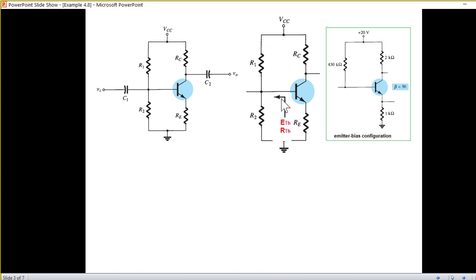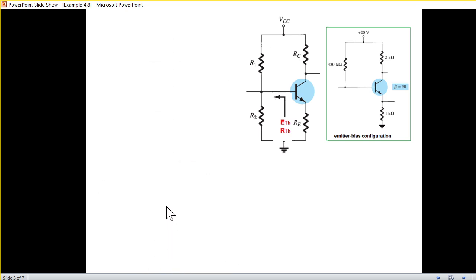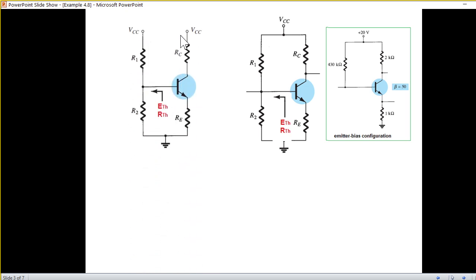So E Thevenin or V Thevenin we will obtain, and similarly R Thevenin at this point. For this, we are just separating the two VCCs, so it will become easy to find the V Thevenin and R Thevenin from the left branch.